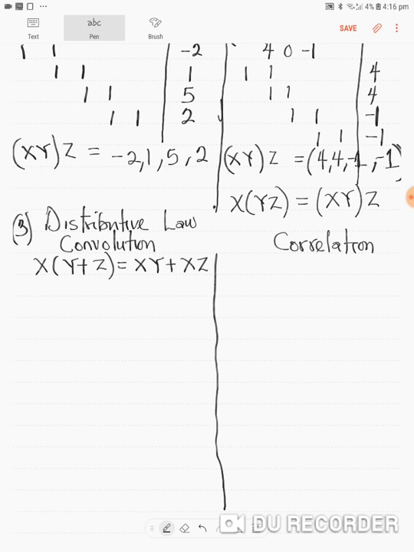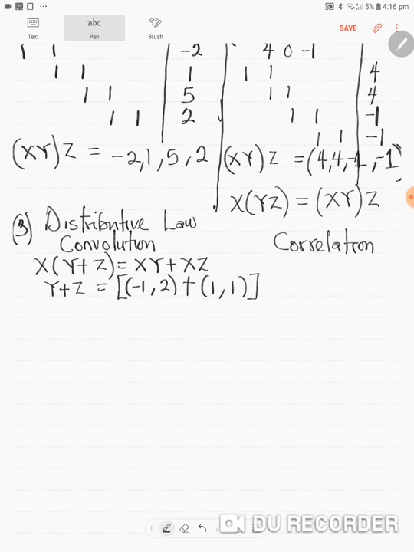We're going to confirm if xy plus xz is the same as x into bracket y plus z. Generally, your y plus z is equal to our initial value of y, which has always been minus 1, 2, plus z, which has always been 1, 1.